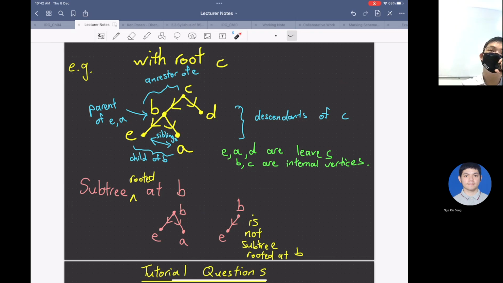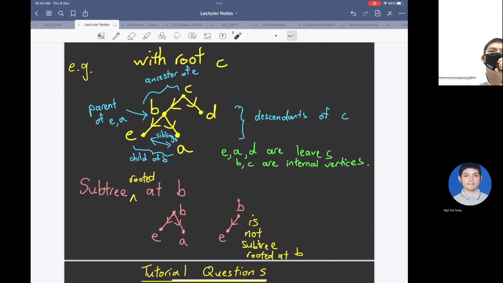How many subtrees? How many different subtrees? So you can have 1, 2, 3, 4, 5. So actually it depends on the number of vertices. 1, the whole original tree, and then 2, 3, 4, 5.